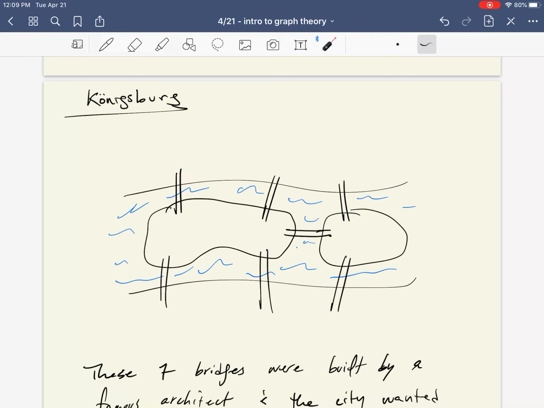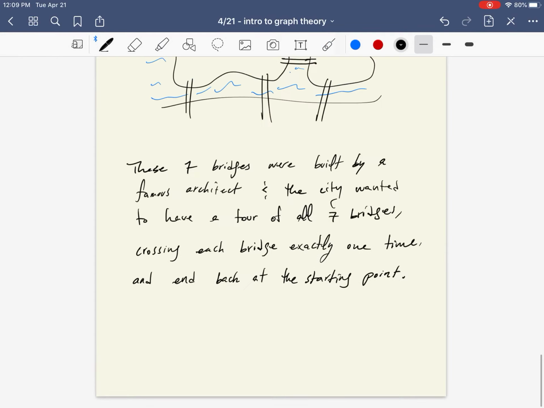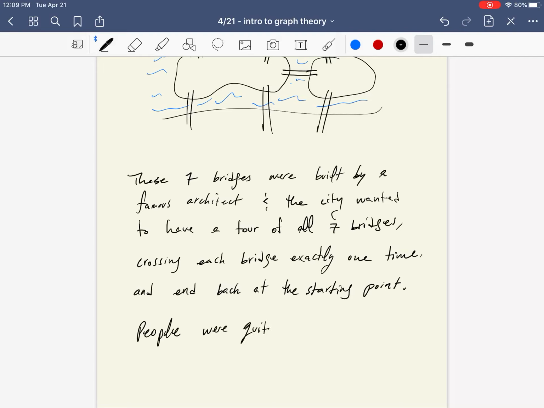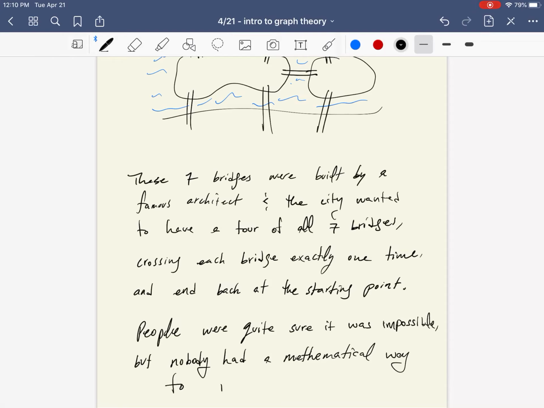So this was really frustrating people, and people were pretty confident that it just wasn't possible. They just couldn't find a mathematical way of expressing that. So people were quite sure it was impossible, but nobody had a mathematical way to prove this.